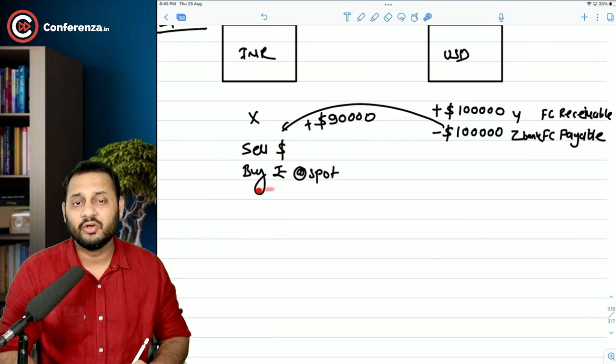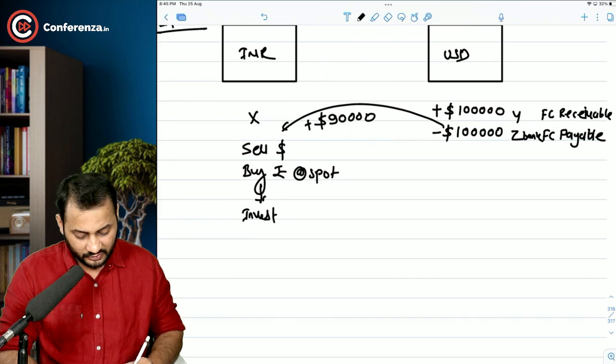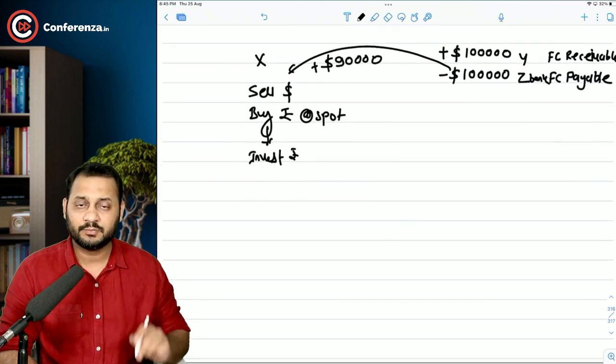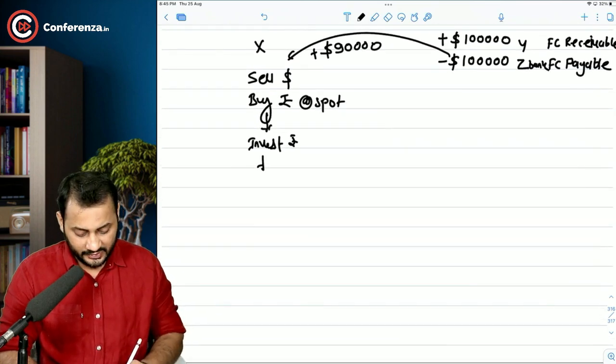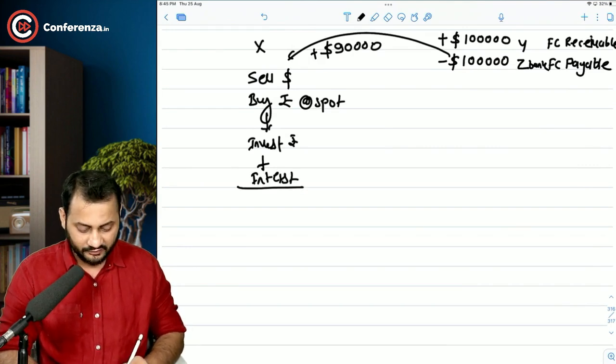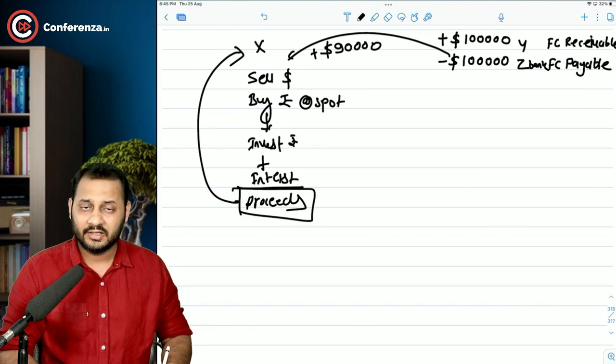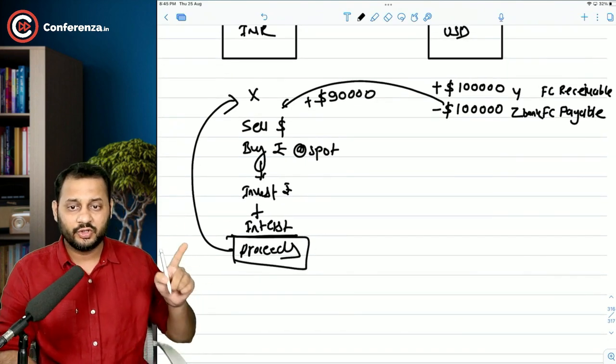What did you do with the rupees? You immediately invested them. And at maturity, interest will be added to the investment and you will receive the proceeds. So this is going to be your inflow.